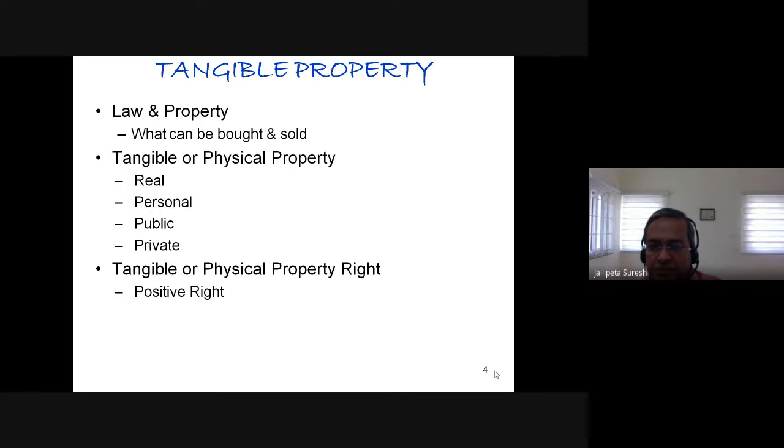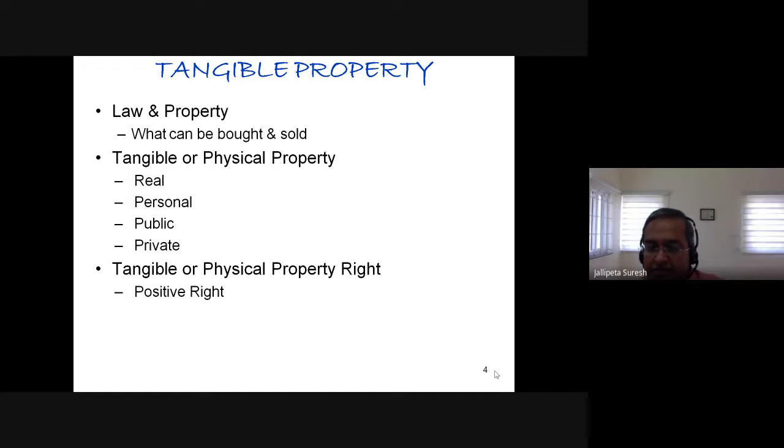The first one, of course, is tangible or physical property. When I say tangible or physical, it means that this particular species of property has a touch and feel. That means you can have physical contact with it. If you look at the types of tangible properties, there, of course, we have real property.